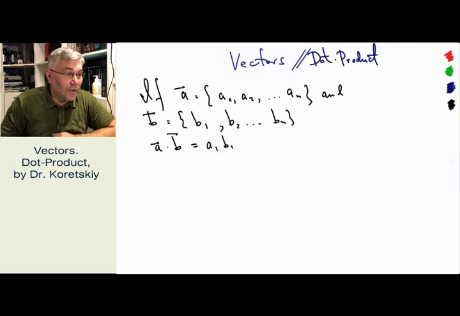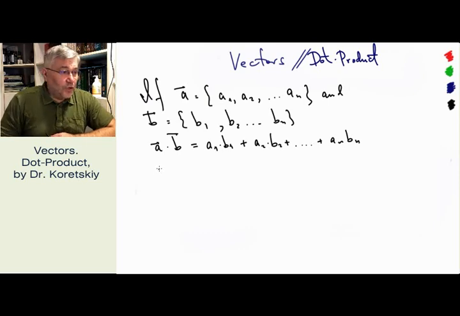I mean a1 times b1 plus a2 times b2. So you have to make this multiplication for all components, plus an times bn here.